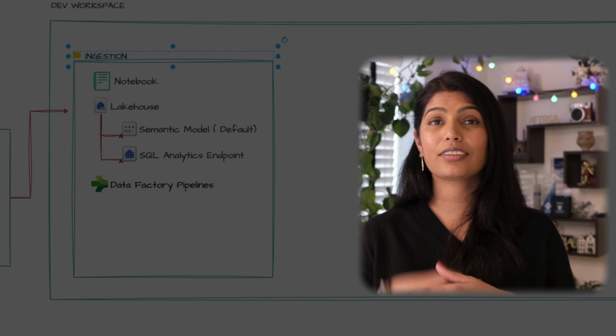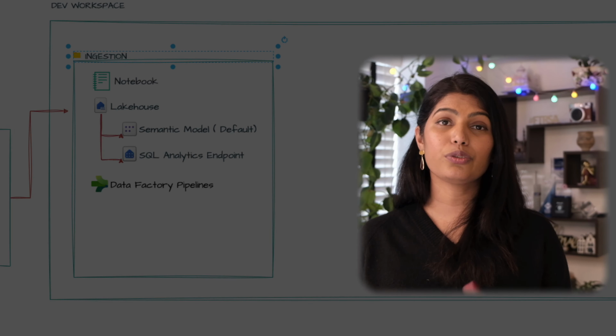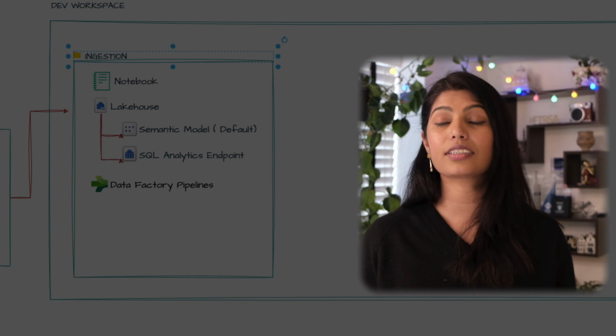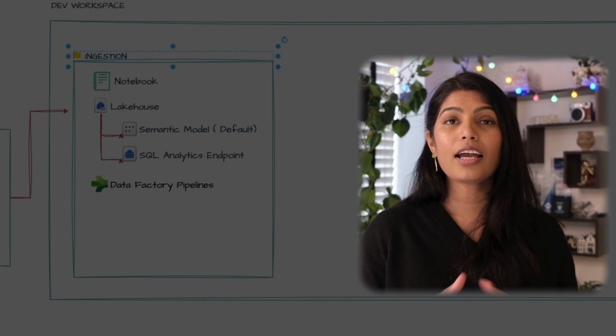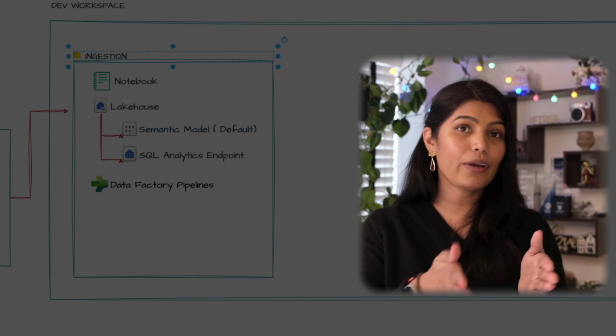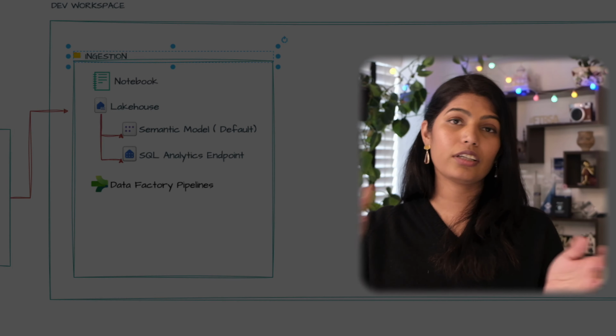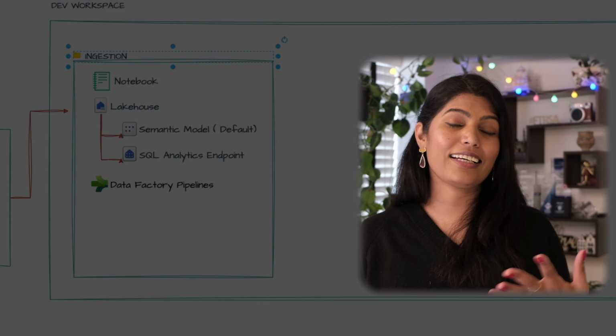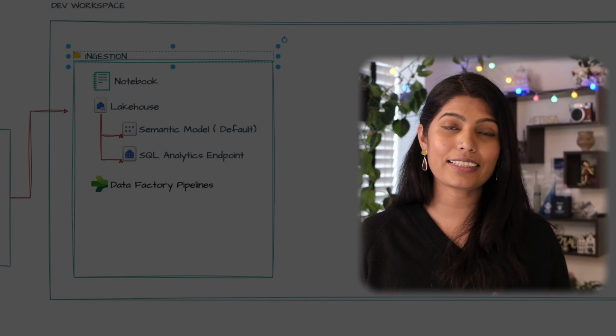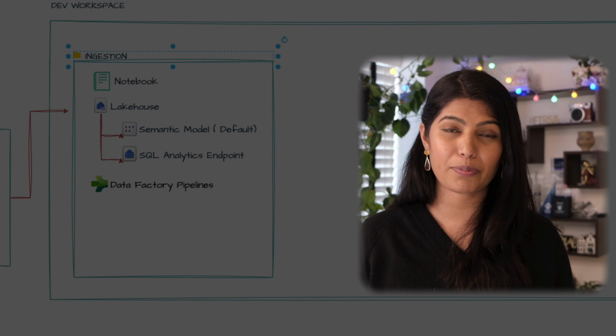However, on top of it, if you want to use deployment pipelines, which is important to use, and if you have a dev, UAT, and prod, those kinds of things, then it's going to become very messy, and we're probably going to have too many workspaces.